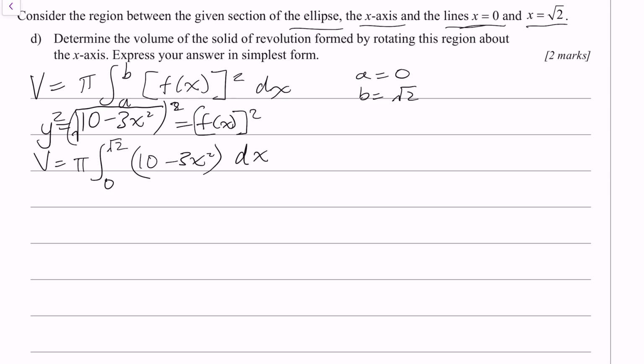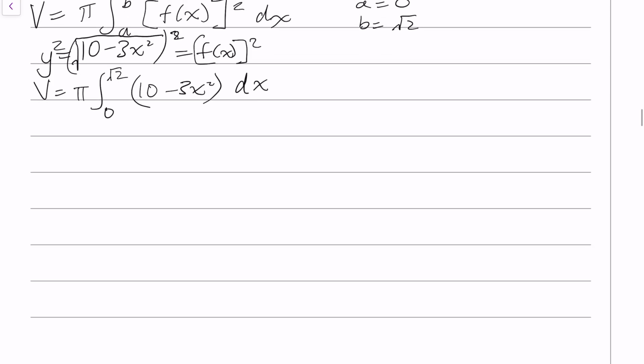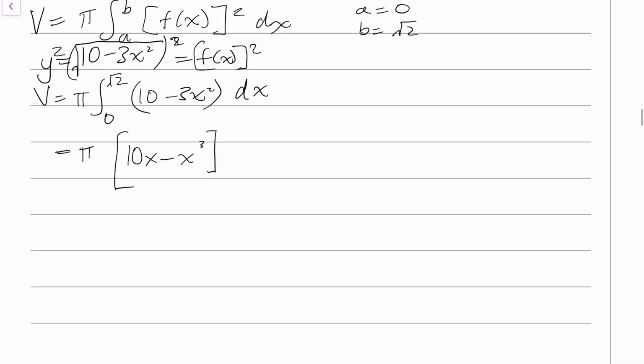Now I'm just going to be solving for that. So equals pi, and then remember to integrate first: 10x minus x to the power of 3, evaluated from 0 to square root of 2.